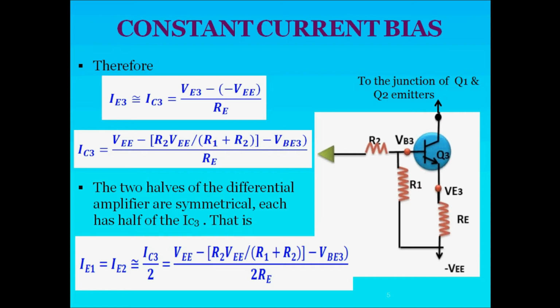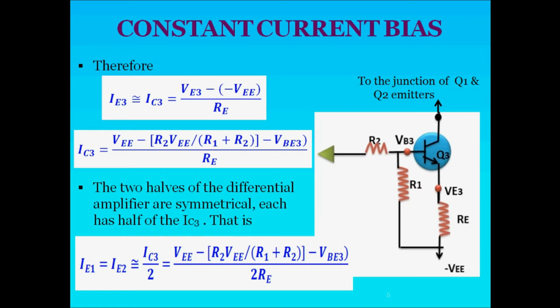And we know that for transistor Q3, the IC3 current is equal to IE3. So we write the equation as IE3 is approximately equal to IC3, and this is the emitter voltage VE3 minus VEE, that is the voltage at this point, divided by the resistance of the branch RE.